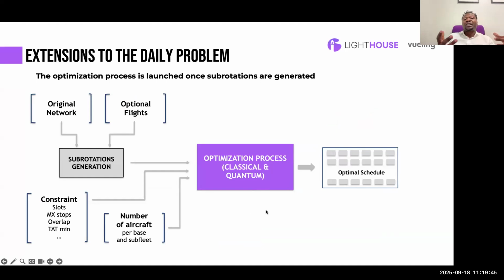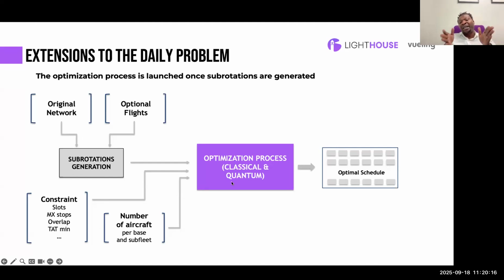At the end of the day, what we are talking about is this one. The optimization process is launched once the subrotation generation is done. So we have the reference, that is the original network generated very early, and the optional set of flights that we define mathematically. With this, we also add the constraints about the slot, the overlap time, and the number of aircraft.